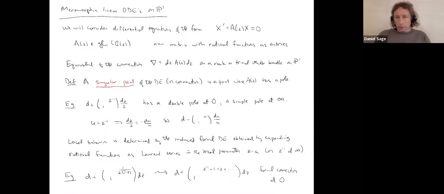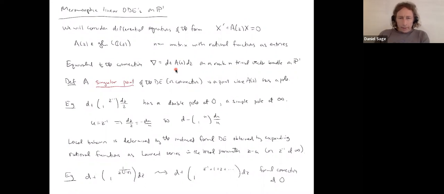Though, of course, you can consider these problems in that sense, but I'm more an algebraic geometer than an analyst, so that's why I'm taking this approach. Okay, so if one wants to look at this in connection language, it's just equivalent to this connection where one takes the matrix of the connection, gets rid of the differential equation, and writes d plus a(z) dz on a rank n trivial vector bundle on P1.